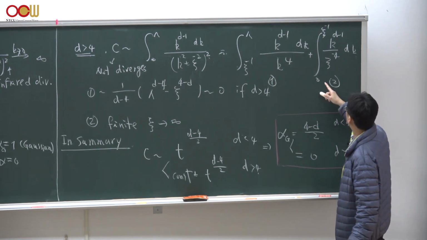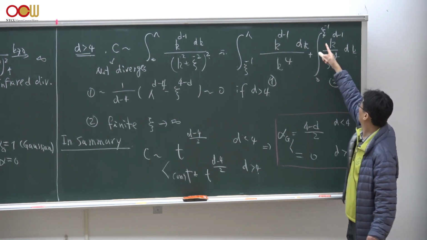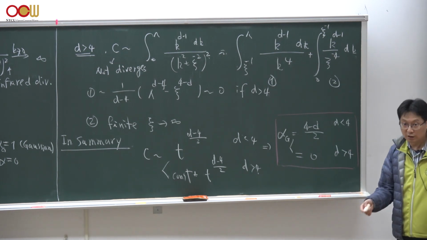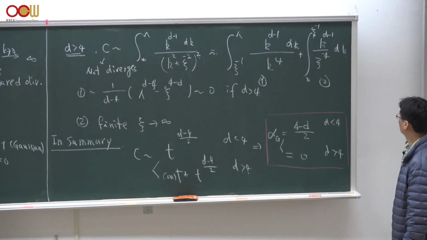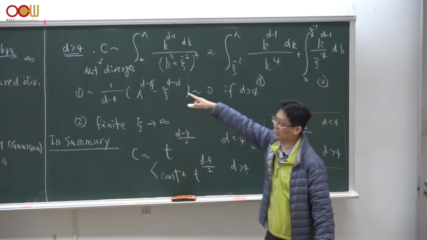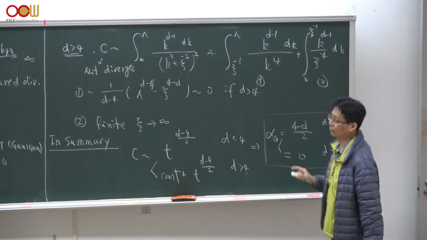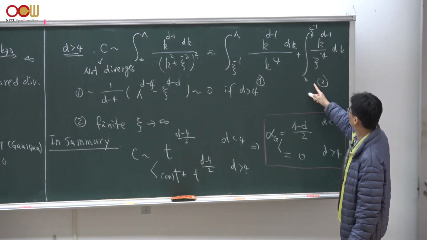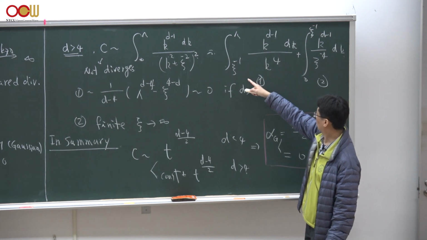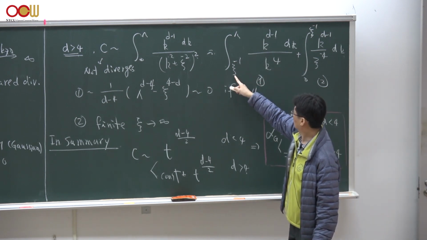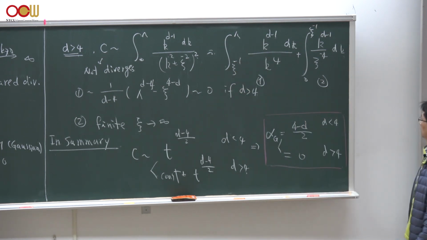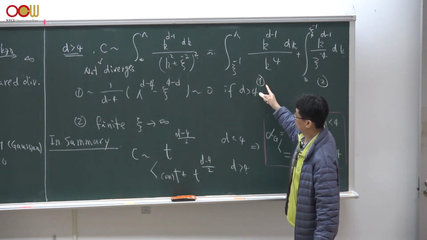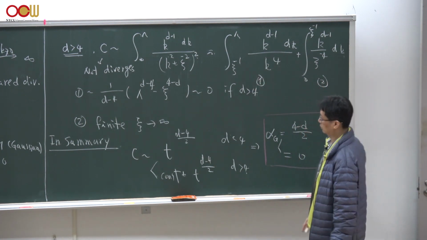One is from 0 to the very small value C inverse, assuming that C will diverge near the transition, but in fact it will not diverge, and we'll see in just a moment why. And a second part, which is from C inverse to the cutoff momentum. We call these the first integral, 1, and the second integral, 2.